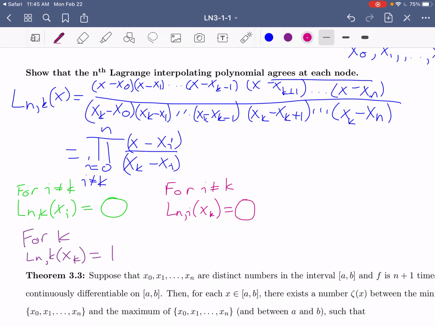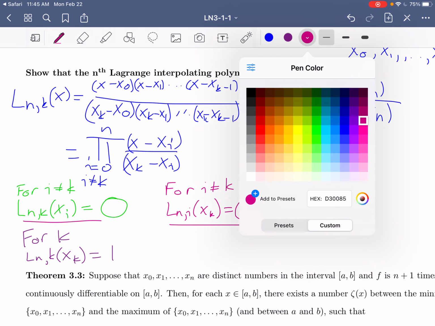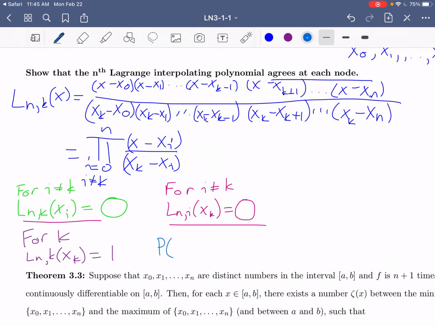This is a special case of the above. So if we look at our Lagrange interpolating polynomial at, let's say, x sub k, all of these terms are going to be 0 except for this one, which is going to be 1, and it is multiplied by f of x sub k.